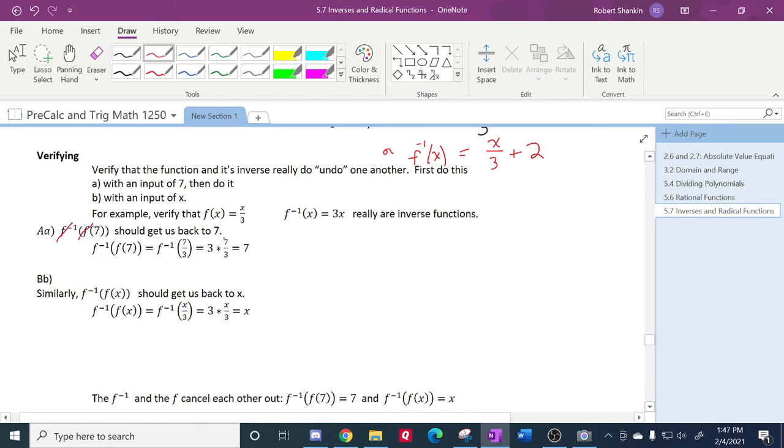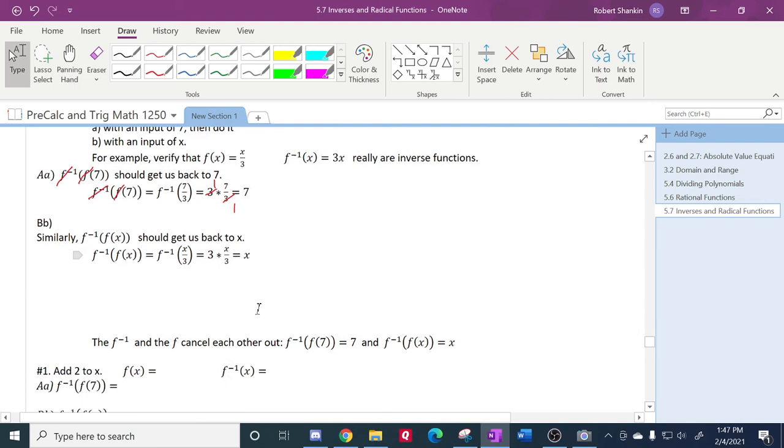And then you should get back to 7. And so if f was dividing by 3, then we did that first. Then if f inverse was multiplying by 3, notice these cancel out. And then you do get back to 7. It's as if this and this totally killed each other off, like climbing up a ladder and climbing down a ladder. As if nothing had ever happened to that 7 in the first place.